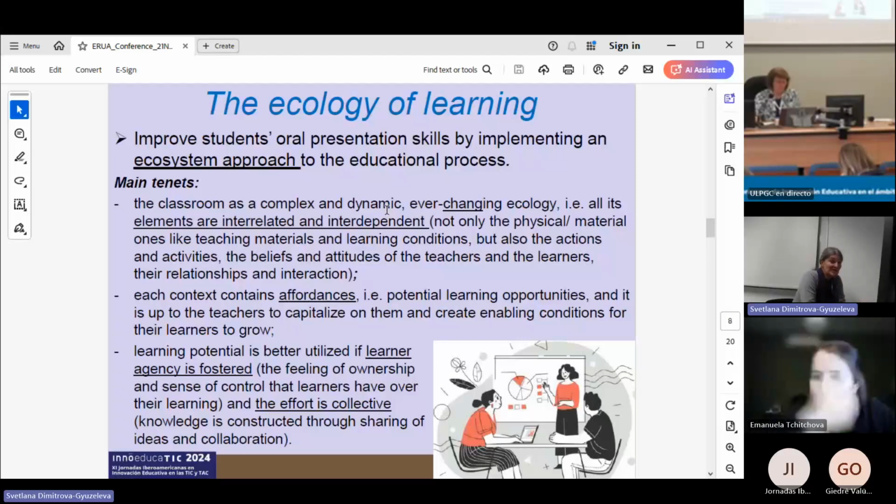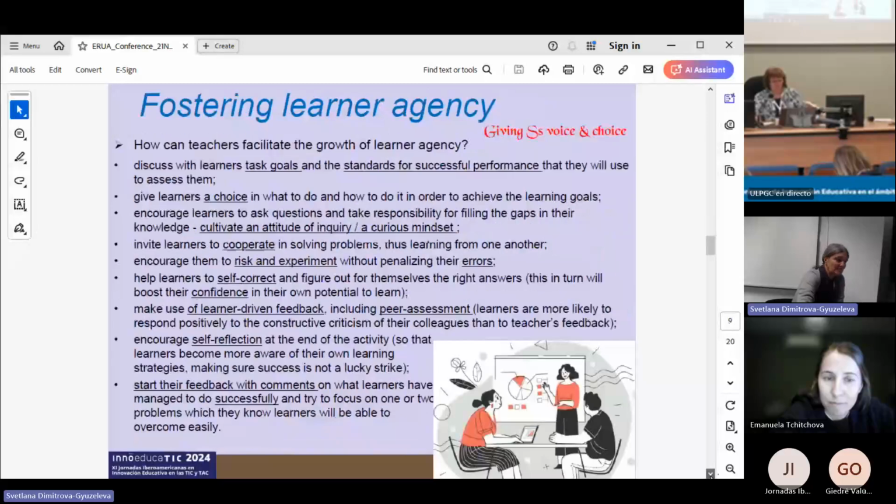That is, learners are not struggling on their own or not even competing against other learners, but they try to gain new knowledge through sharing of ideas and collaboration. These are the main tenets of the ecological approach. And as you have probably realized, one of the main aspects of that approach is fostering learner agency.